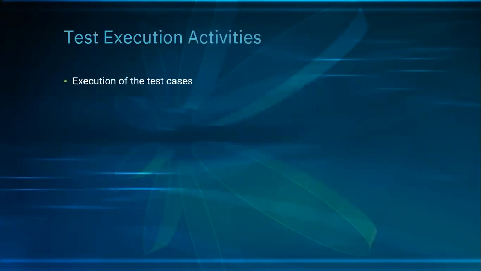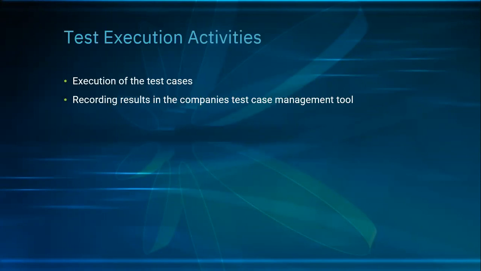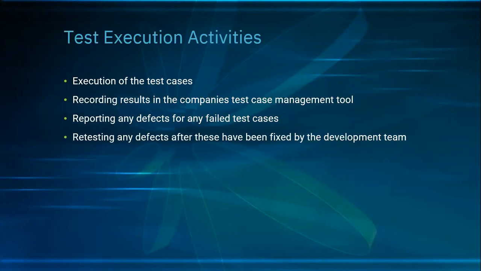So what are the activities? Execution of test scripts and test cases, recording results in the company's test case management tool, reporting any defect for any failed test cases, retesting any defects after these have been fixed by the development team.